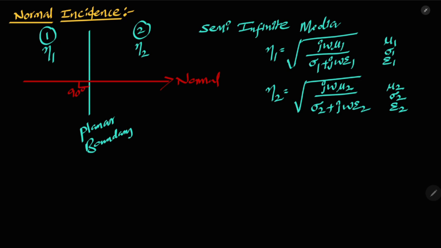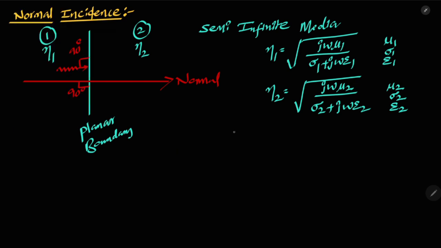Now, how do we send the incident electromagnetic wave? The incident electromagnetic wave we need to send parallel to the normal, or perpendicular to the boundary. Both are the same. So it is incident by making 90 degrees with the boundary. That's why this is called normal incidence.